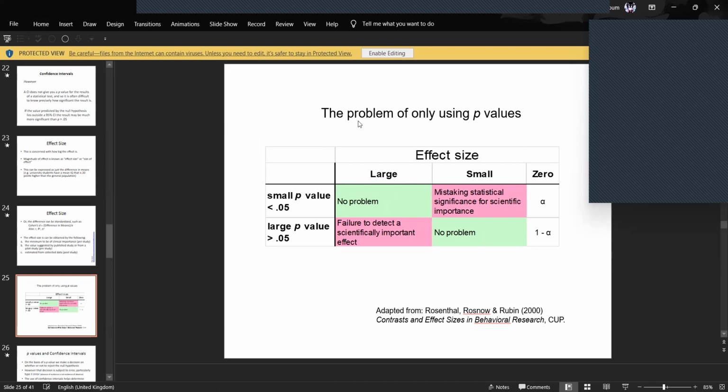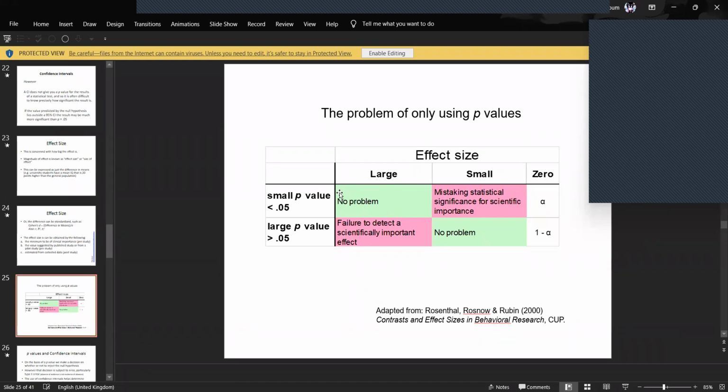So let's say you have a small p-value, so it's less than 5%, and the effect size is very large. Okay, that's not an issue because that means that your drug is working, it's reducing the blood pressure by a large amount, and it's showing statistical significance, as in it is truly lowering the blood pressure.